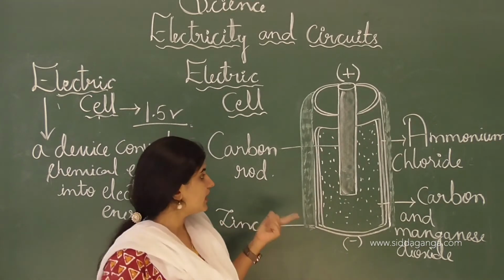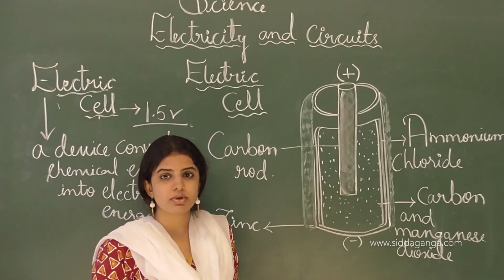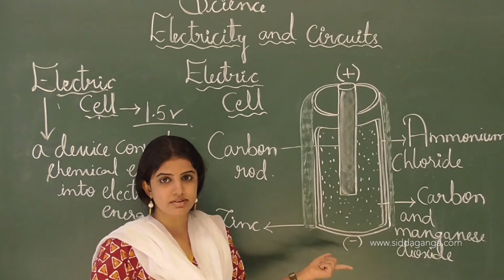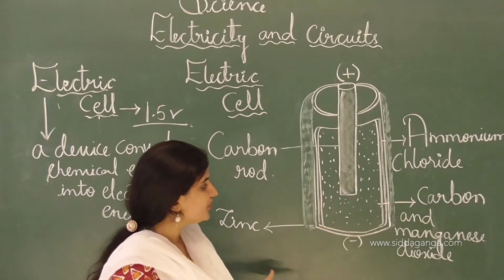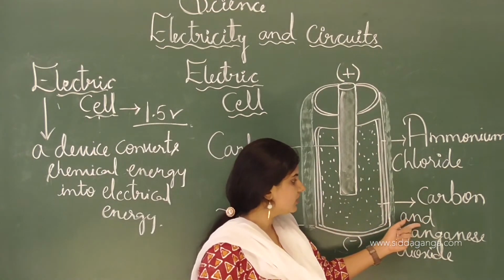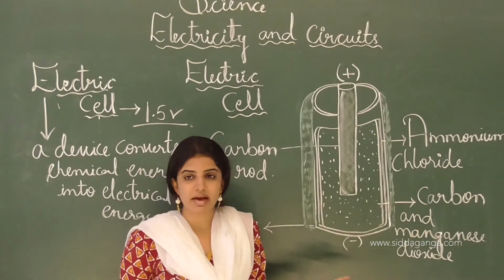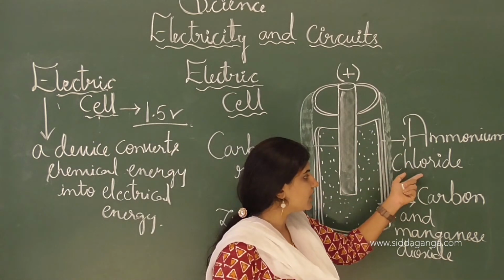Inside the electric cell, there is a carbon rod, situated at the center of the electric cell, and outside the carbon rod there is a mixture of carbon as well as manganese dioxide. See, manganese dioxide is a chemical as well as ammonium chloride is also a chemical.